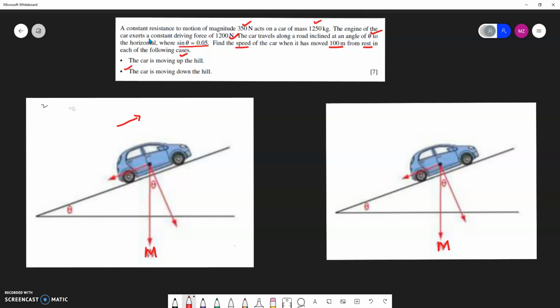The first force is a constant resistance force of 350 newtons, denoted by R, acting on a car of mass 1250 kg.